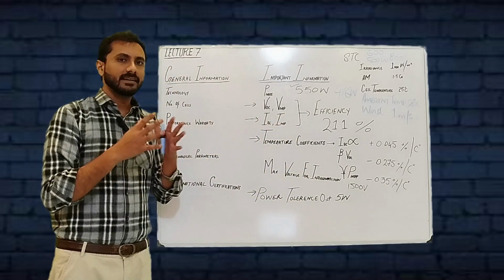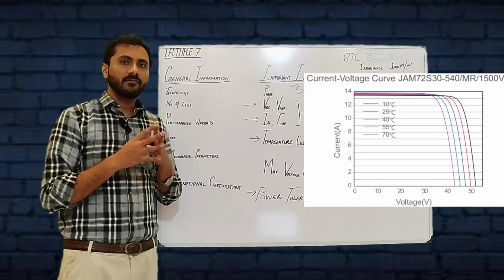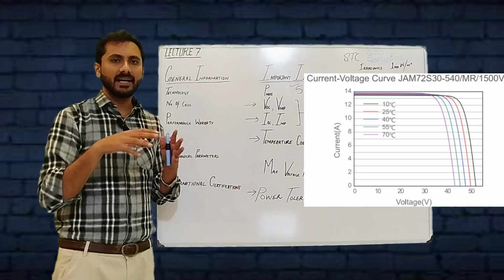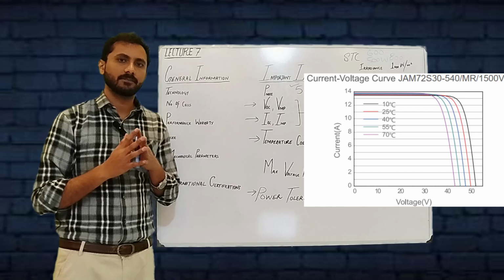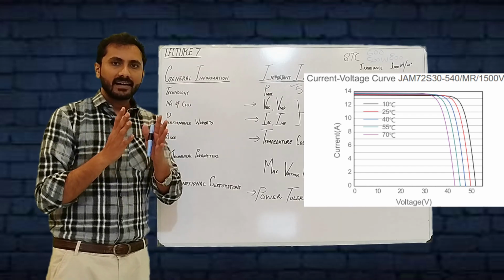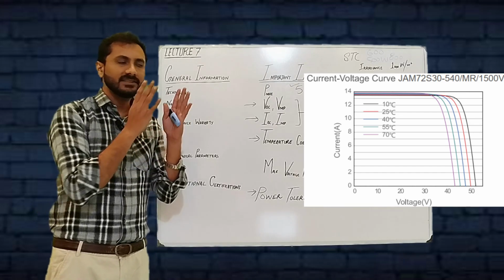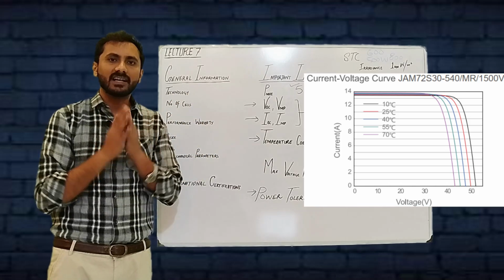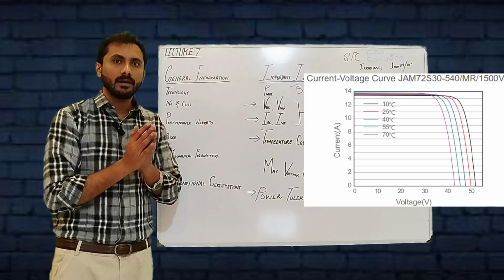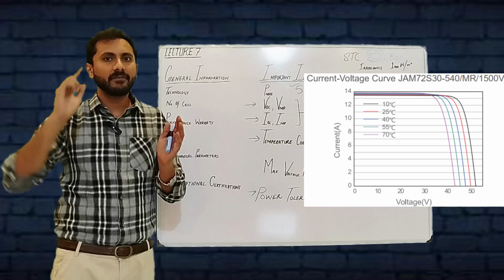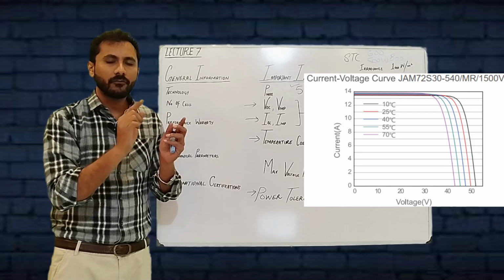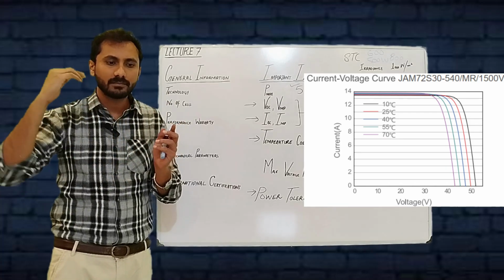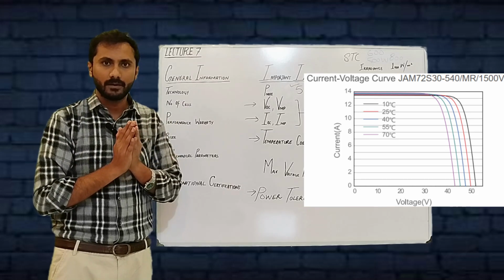Now, consider the third case, the current versus voltage with respect to the ambient temperature. We can see that when the temperature is lower, nearly equal to minus 5 degrees centigrade, the voltage will be very high. It will cross from 49.9 volts to something around 53 volts.